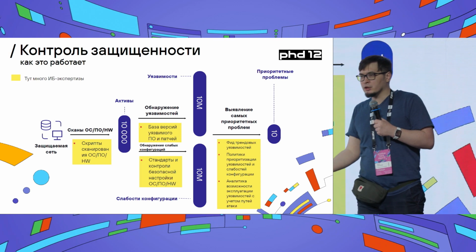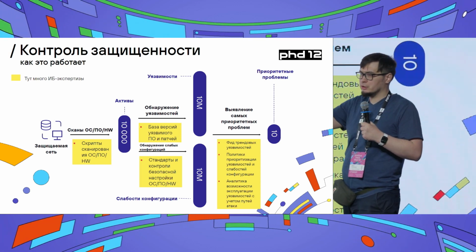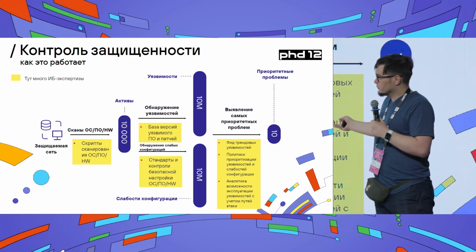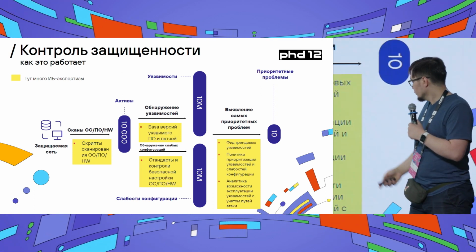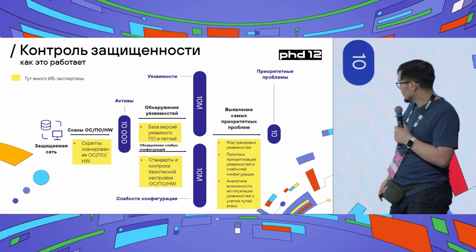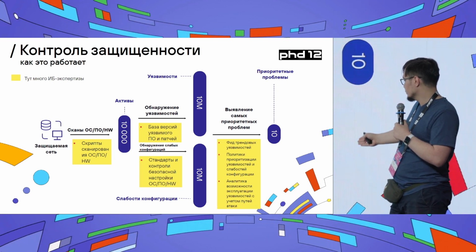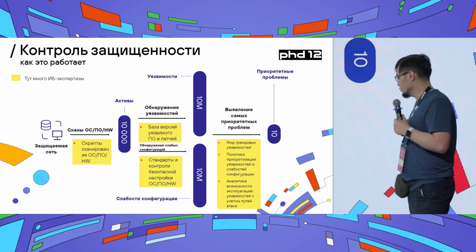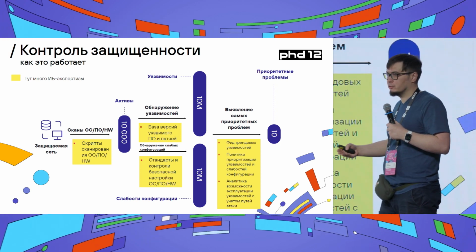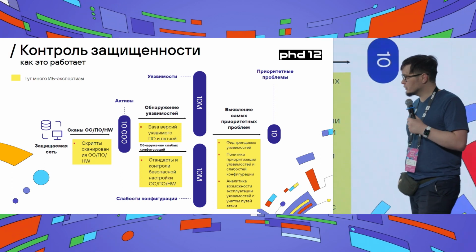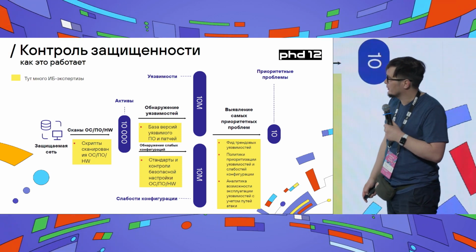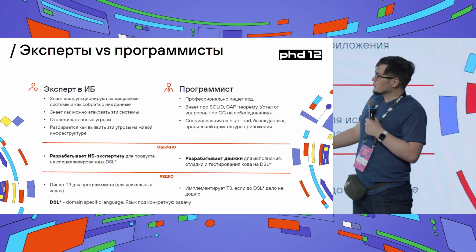Then various vulnerability prioritization policies, including in terms of simplicity, such as you install a patch and you cover thousands of vulnerabilities. Various other sortings and prioritization. And perhaps the most next-gen approach is analytics on the possibility to exploit the vulnerabilities with account to the paths of attack.